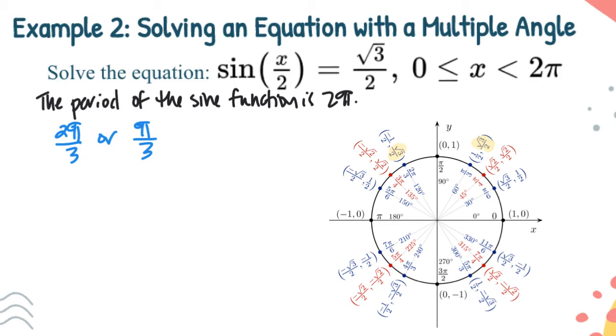When we write our equations to represent these solutions, we need to make sure that we include both our pi over 3 and our 2 pi over 3.